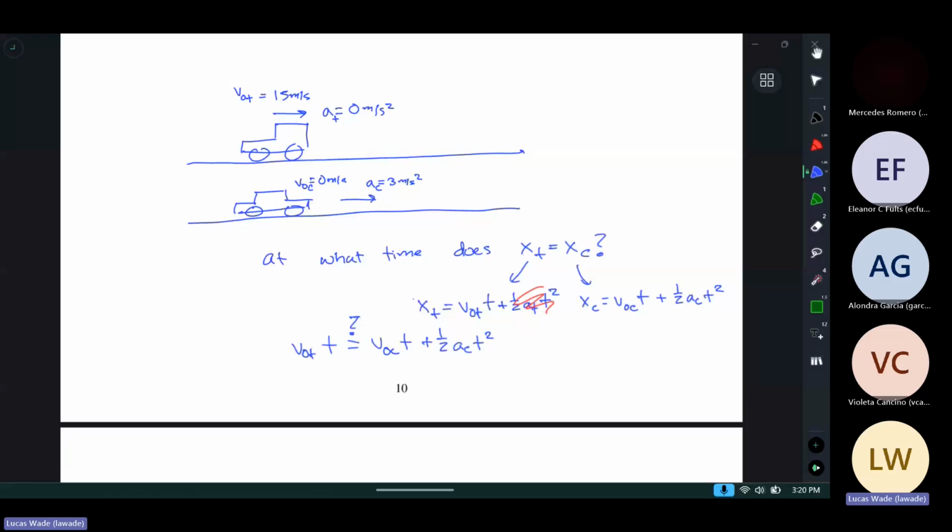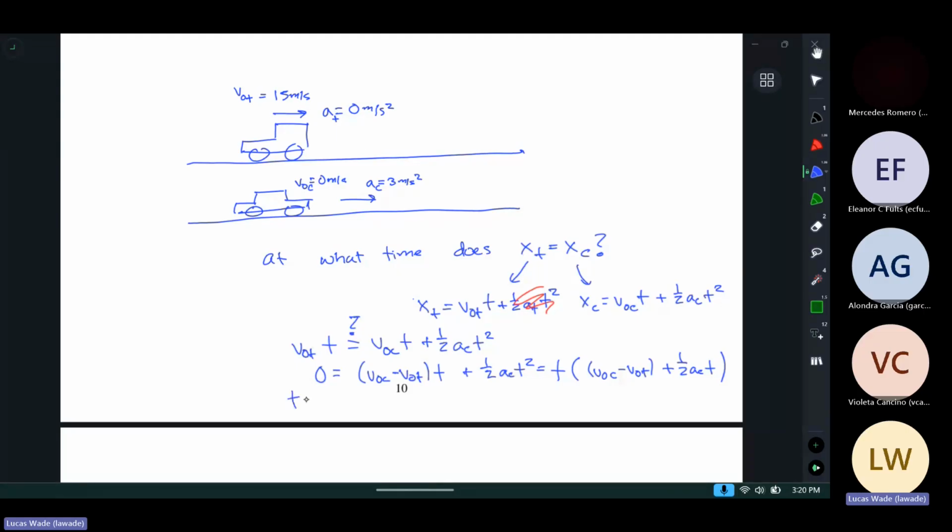And that is a quadratic equation, but I could be a little sneaky and rewrite this as 0 equals this minus that t plus 1/2 a t squared. I can factor out a t, and plus 1/2 a c t. And then that's two different options. If either thing equals 0, then the product will equal 0.